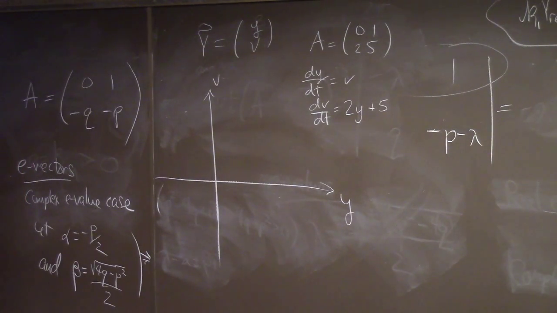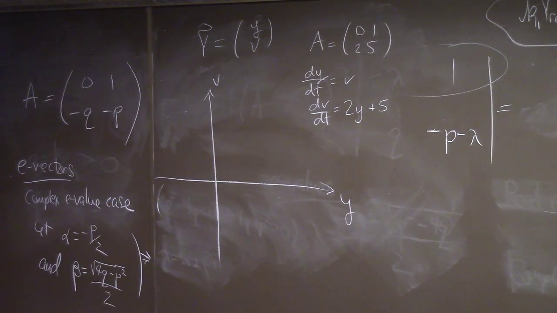P and Q are supposed to be negative here. If we want it to be something related to the harmonic oscillator, let's see, if P is negative 2, well, P is 2, but I need a negative P there. Okay, I'm getting confused on my P and Q.